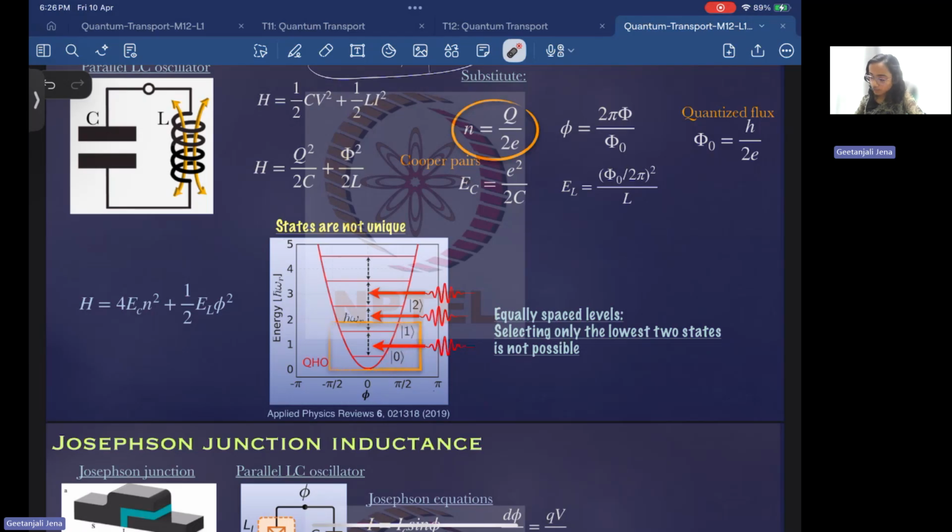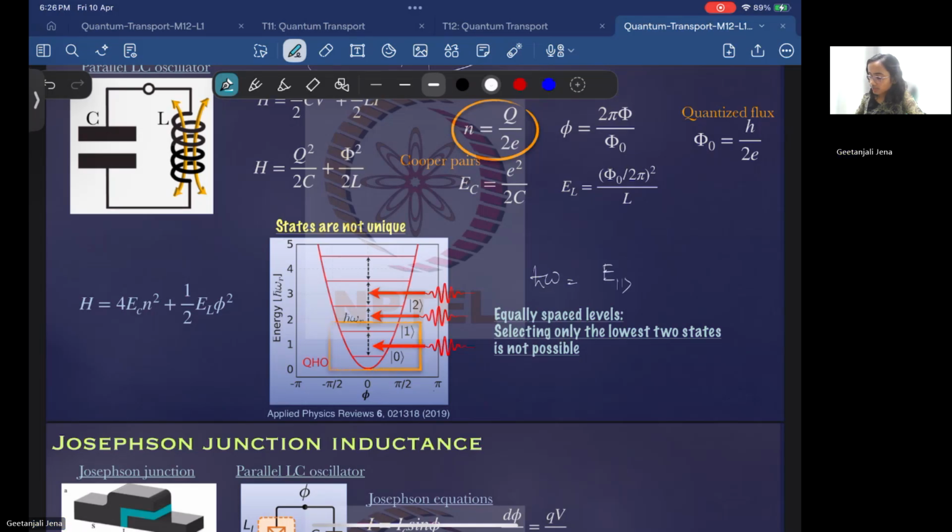For that we need a radiation of energy h bar omega, and this h bar omega is nothing but the energy difference between the 1 state and 0 state. So if we radiate this system with a radiation of h bar omega, which takes into account this energy difference, then we can make a transition between these 2 states and we can manipulate the information of this qubit.